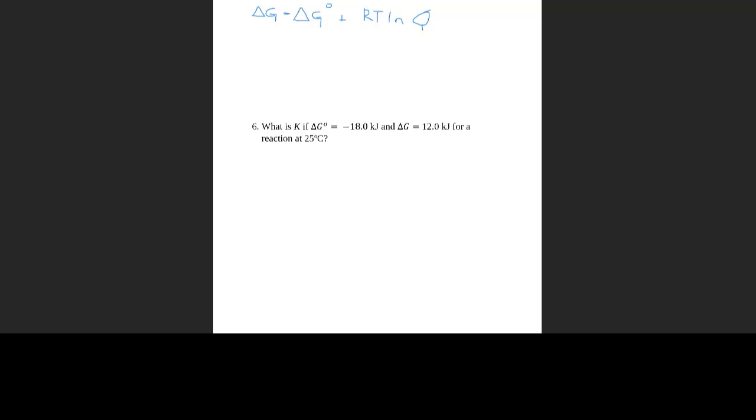Q is the reaction quotient. It just means that we're working in non-standard conditions, which is really the reality for most situations.